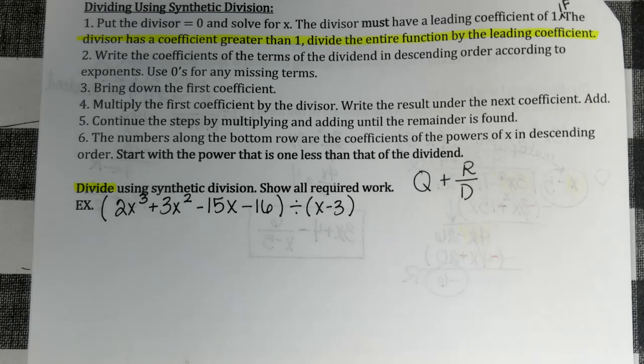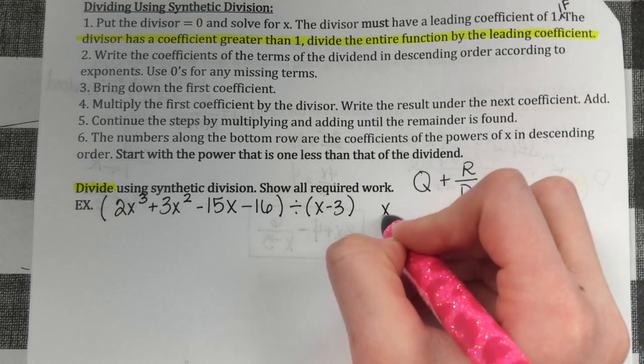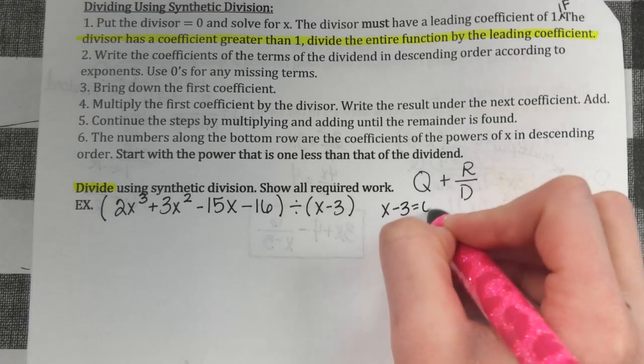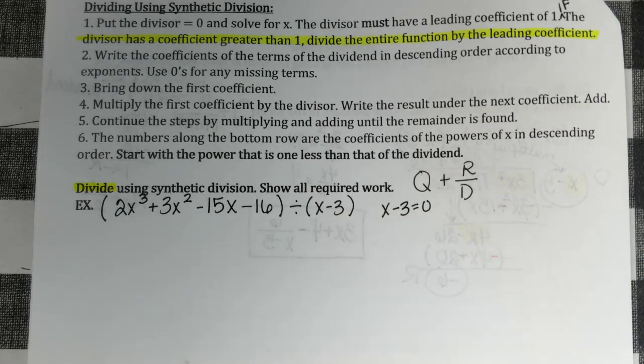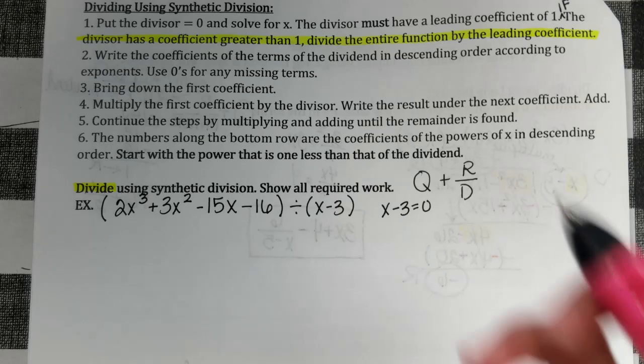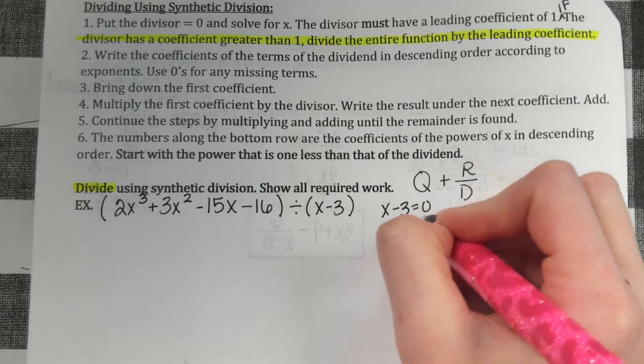So once you get that, you're still going to check, is it in standard form? You're still going to check, am I missing any terms for me to do a placeholder? Okay. Once you check for everything, you're going to take this divisor, x minus 3, and set it equal to 0 to get an actual x value. So if I have x minus 3 equals 0, I would add my 3, and x equals 3.